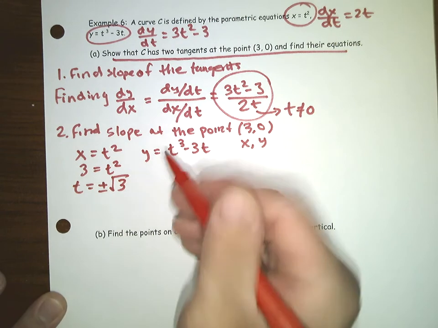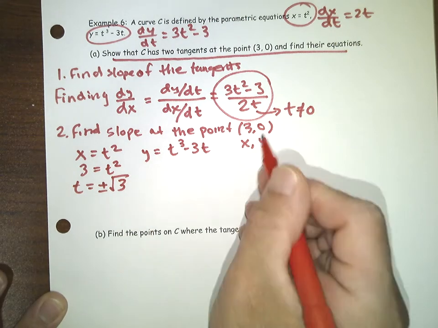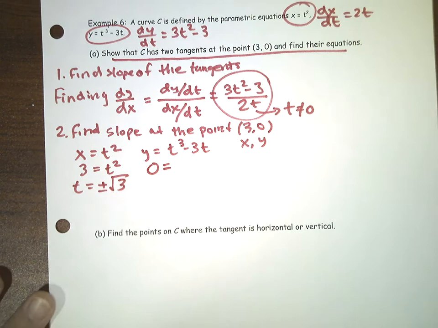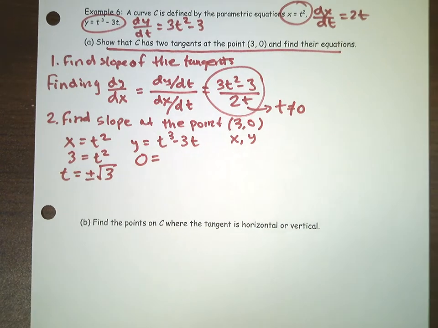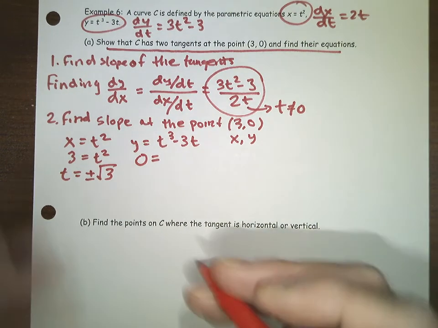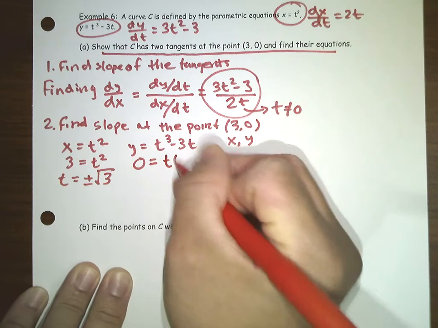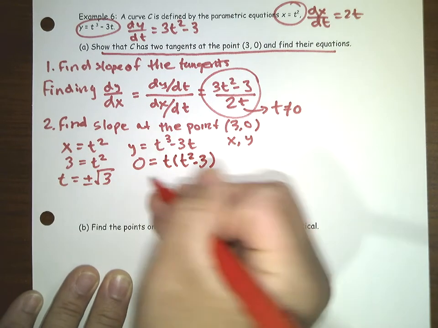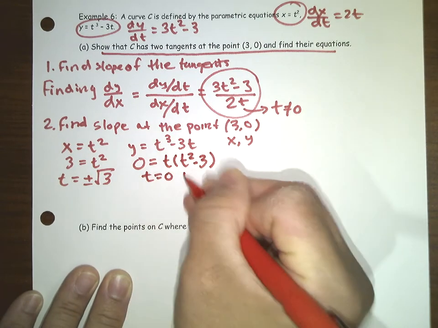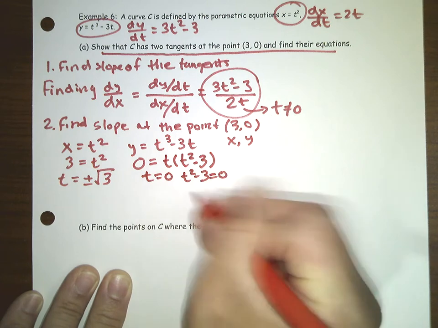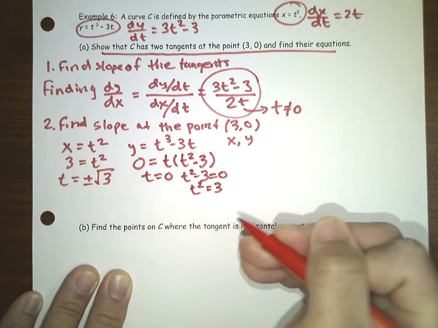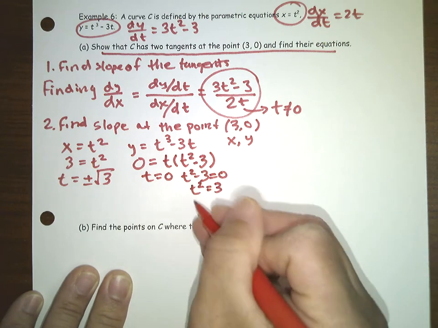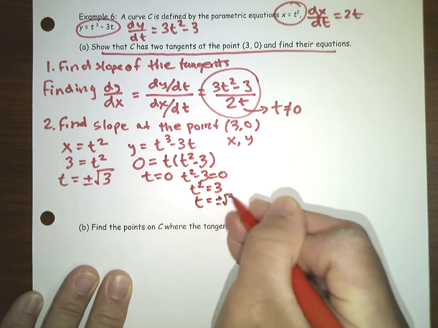And then, if y is 0, I factor this into t times (t squared minus 3), and set each factor equal to 0. t is equal to 0, or t squared minus 3 equals 0, and if I add the 3, I get that t is still plus or minus the square root of 3.